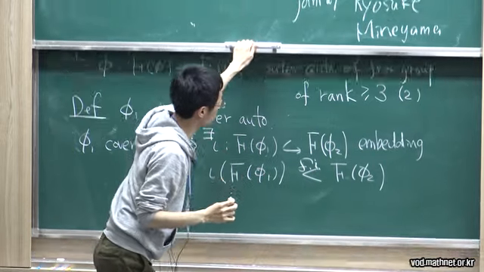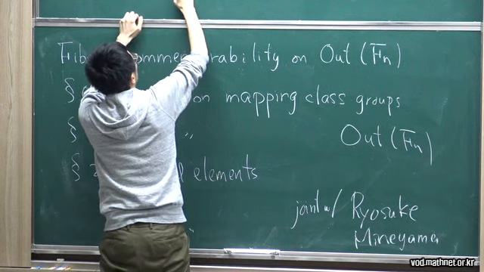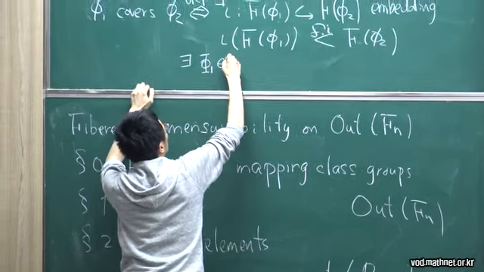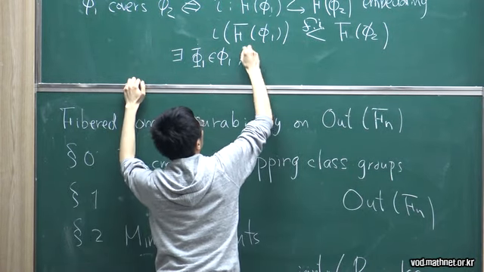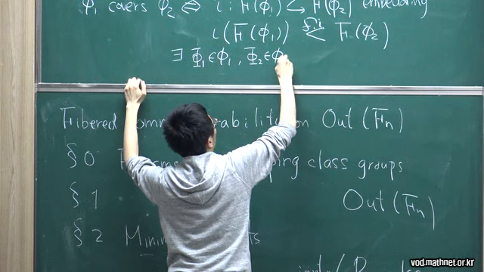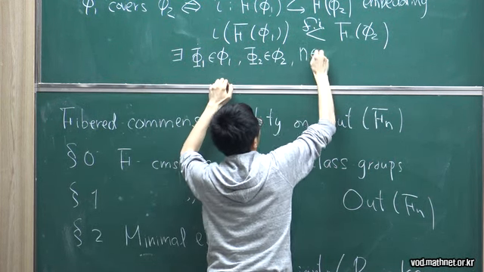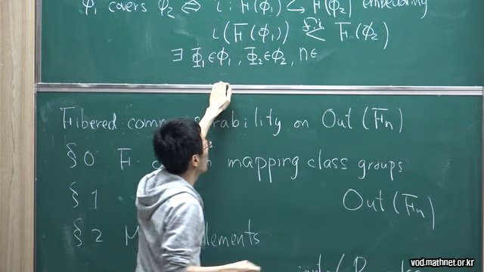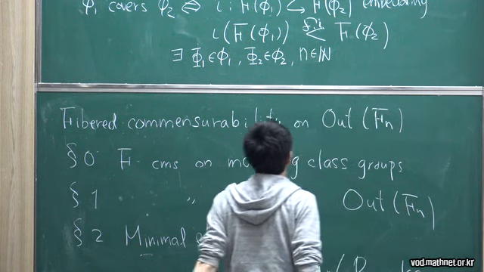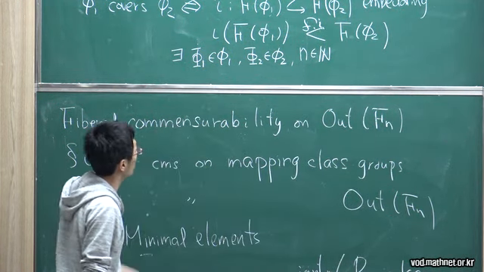And we can find representatives of phi 1 and phi 2. In the case of outer automorphisms, I only think about positive powers, because in this case positive and negative powers behave a little bit differently.